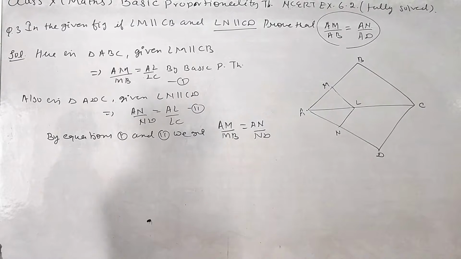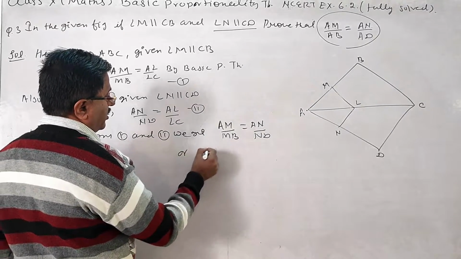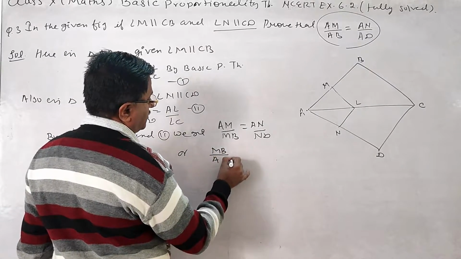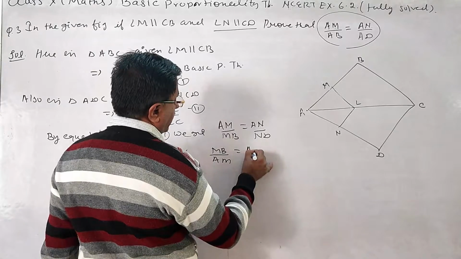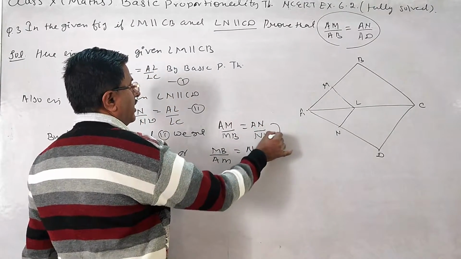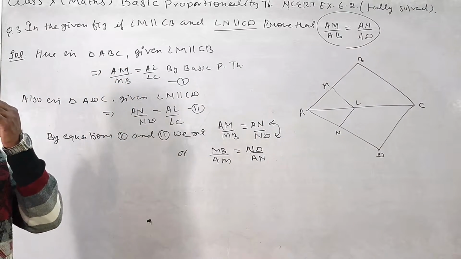So for that you have to invert and then add 1. Otherwise, this can also be written as MB upon AM equals ND upon AM. If numerator and denominator are interchanged, there is no change in the ratio.